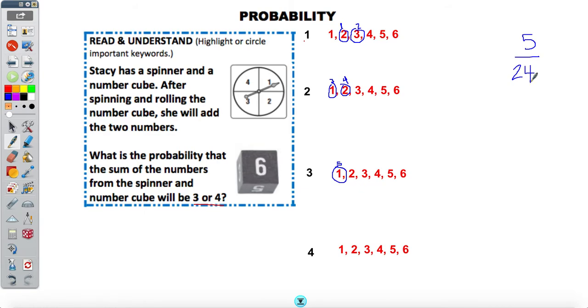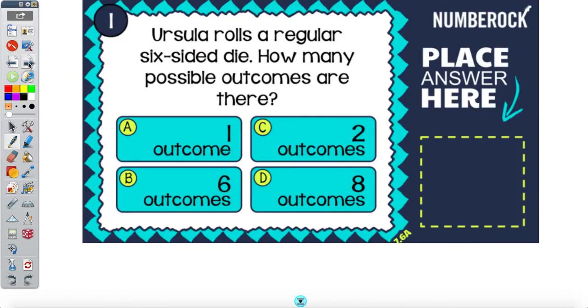So theoretically, the probability that the sum would be 3 or 4 would be 5/24. And by creating a sample space and listing out all the options, we were then able to see which ones would add up to that 3 or 4.